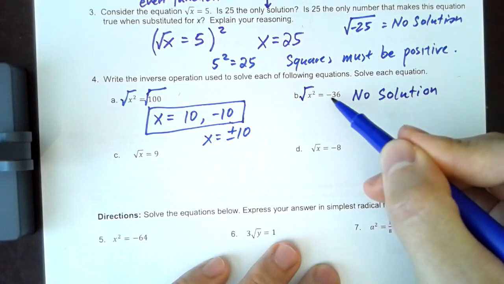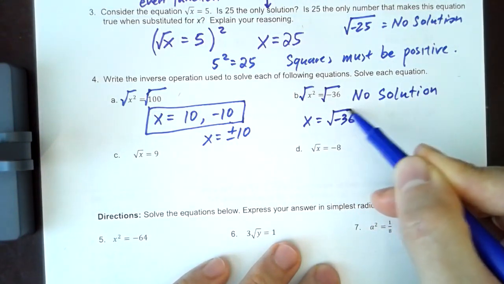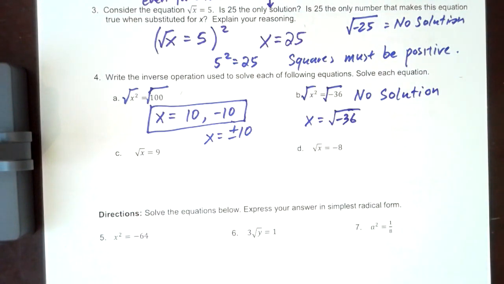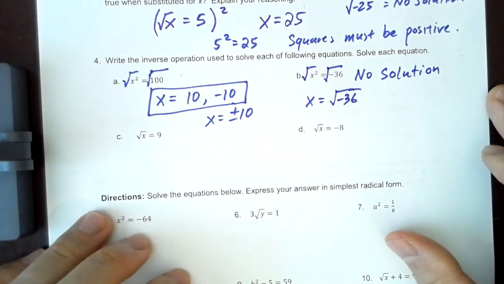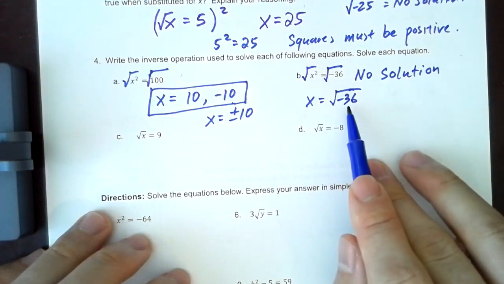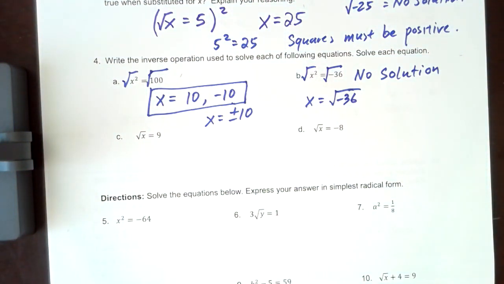Also, if I were to square root both sides, you would get x equals the square root of negative 36, and that does not even exist. Later on in Math 2, I believe, you will learn about i, the imaginary number. We're not there yet. But yeah, this would be 6i, positive and negative 6i.